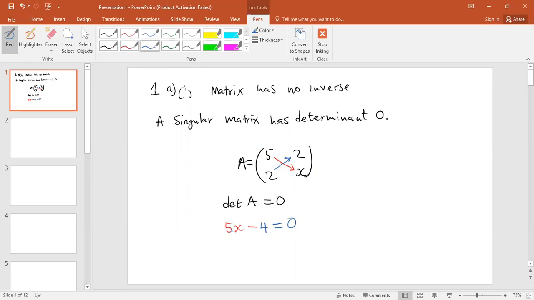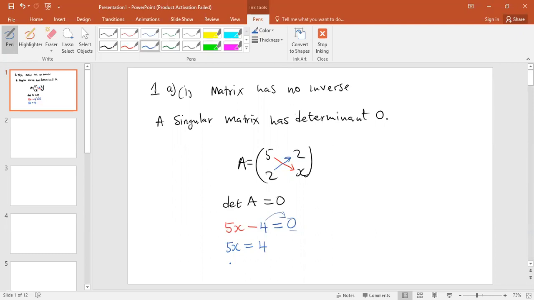And we are saying this determinant is 0 because it's a singular matrix, so we equate it to 0. It's just a matter of solving this equation. So 5x minus 4 equals 0. When this 4 crosses the equal sign, it goes to the other side, because we want to make x the subject. When it crosses the equal sign and joins 0, it becomes positive, so it will be 0 plus 4, which gives us 4.